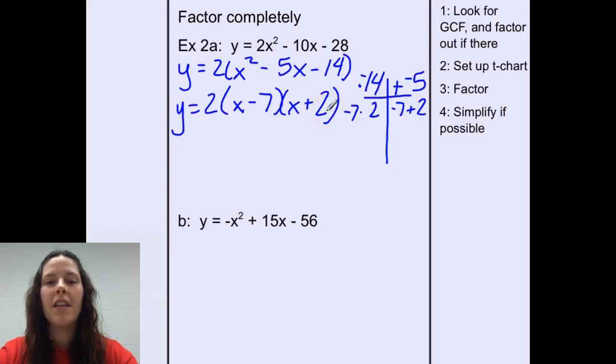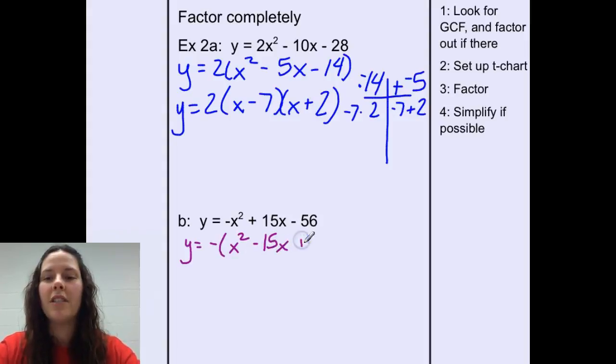Our next example, the x squared term has a negative sign in front of it, so we need to factor that out, leaving us with x squared minus 15x plus 56. Be sure to change the sign on everything that's left. Now we can set up our t-chart. What multiplies to 56 and adds to a negative 15.